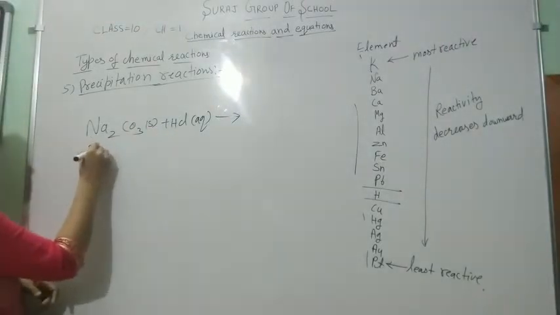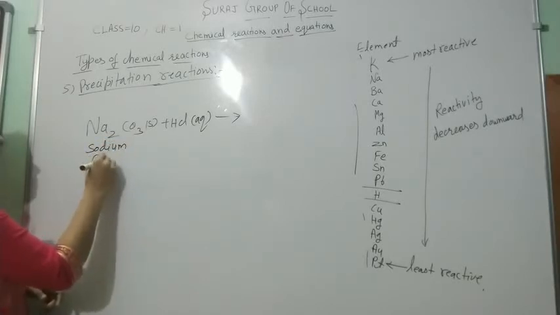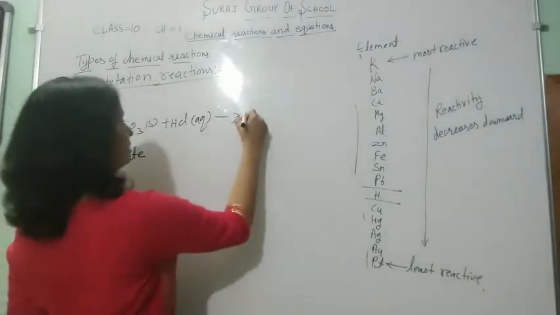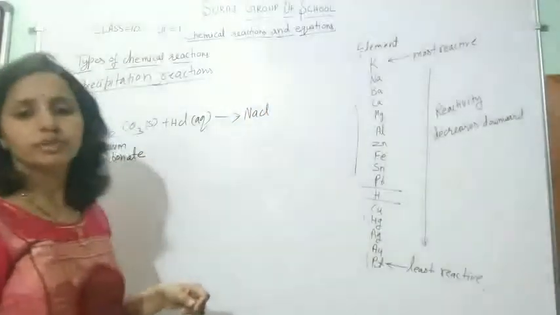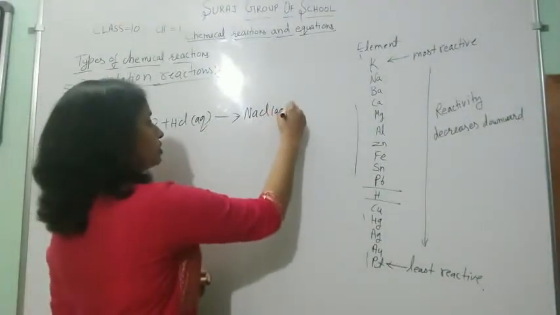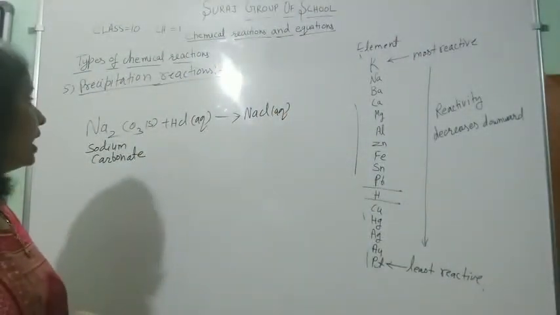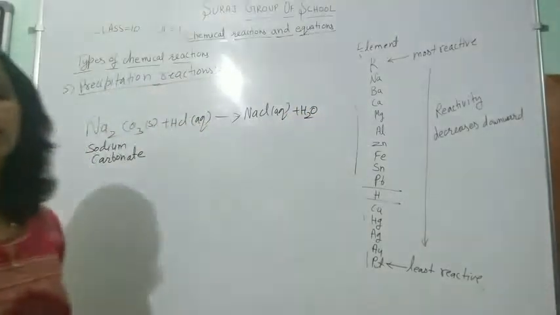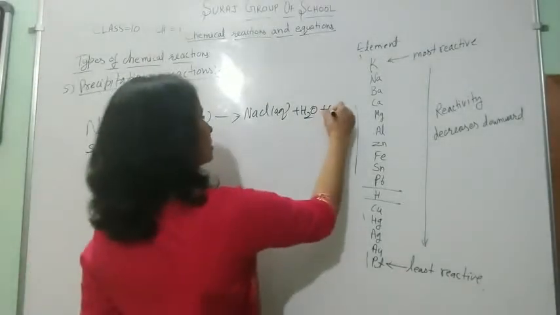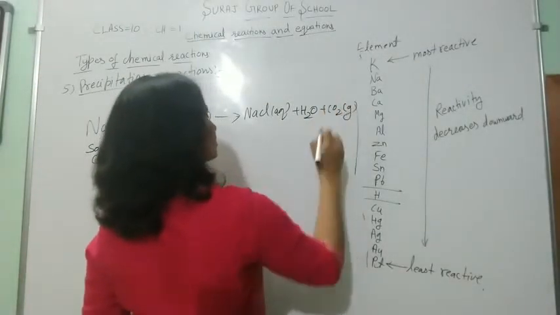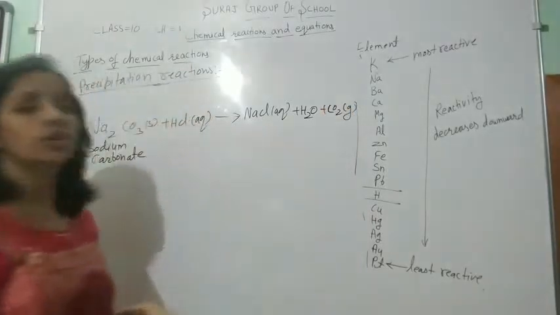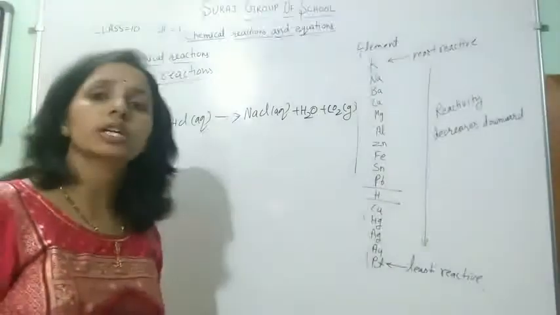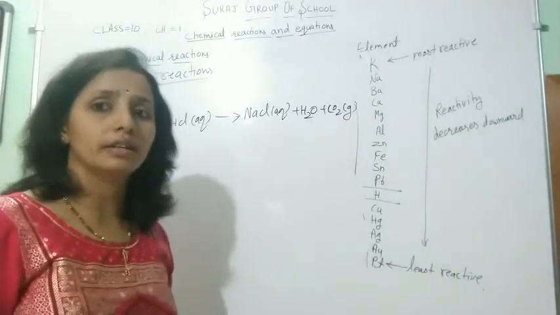Sodium carbonate and hydrochloric acid form NaCl, an aqueous solution of sodium chloride, along with water, and CO2 gas is also produced because a carbonate group is present here.